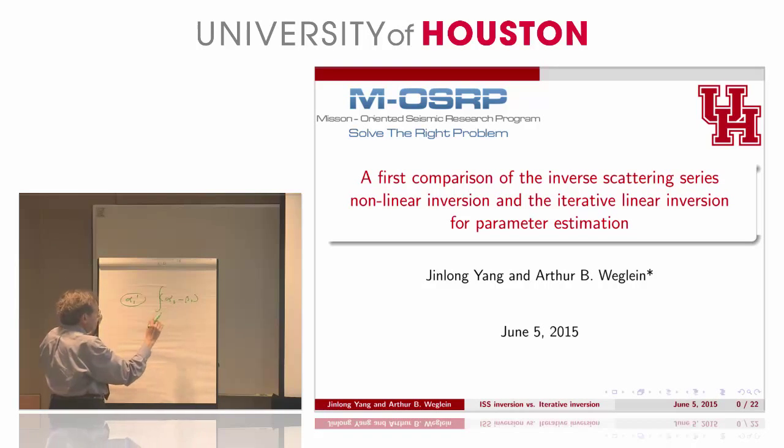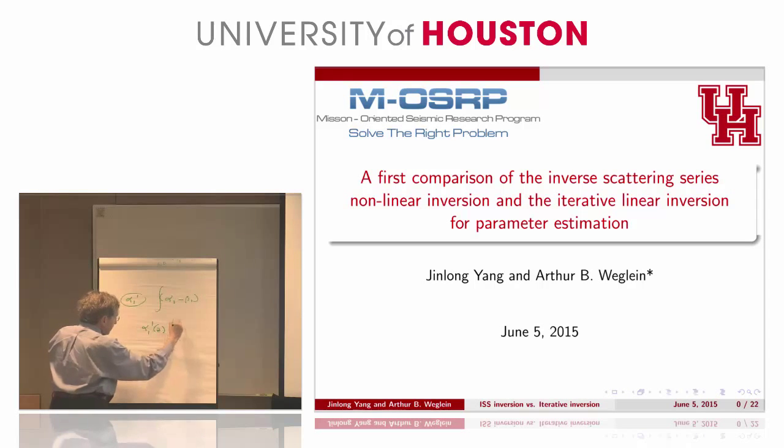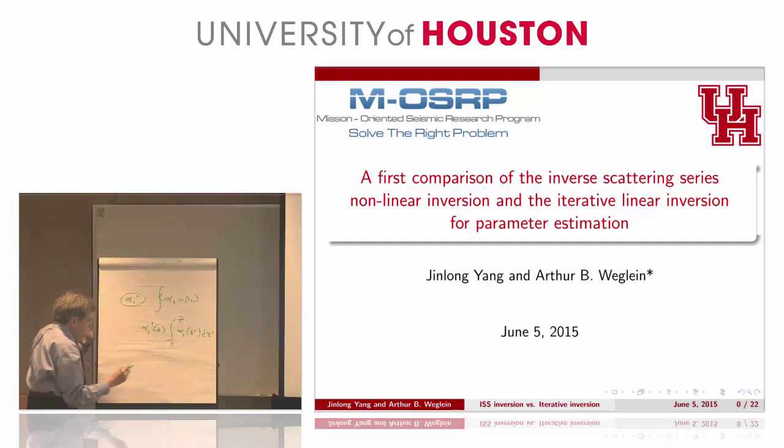In the world in which there is no density change, the first nonlinear term in the inverse series has a term like this: alpha 1 derivative of z times the integral 0 to z alpha 1 of z prime dz prime. Just take my word for it.